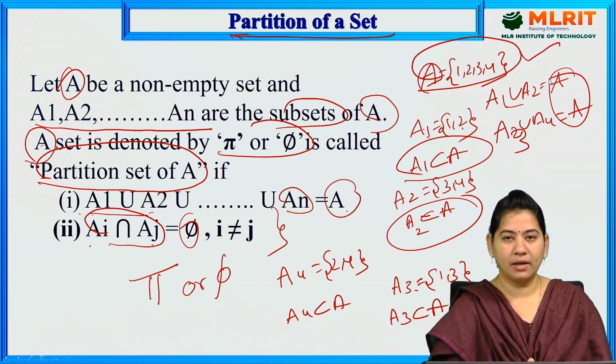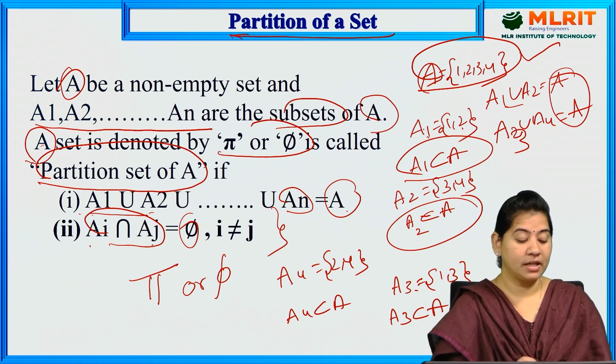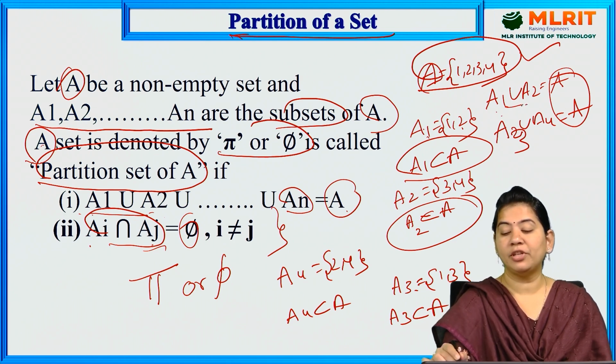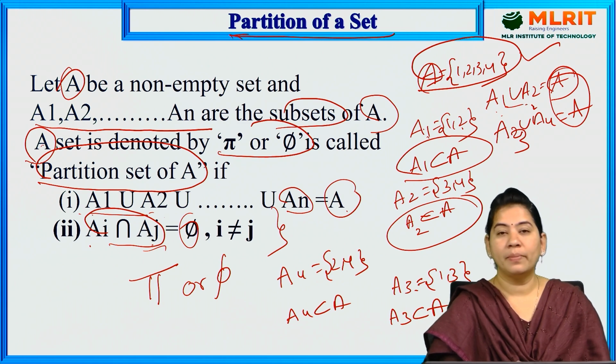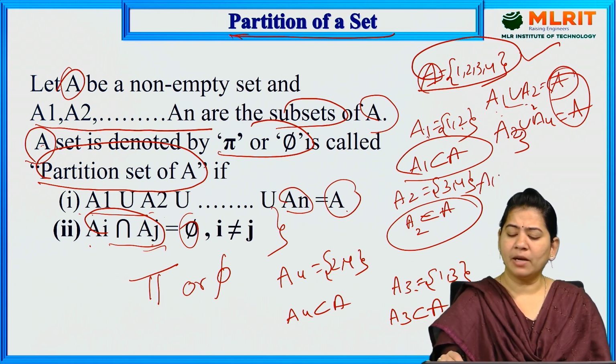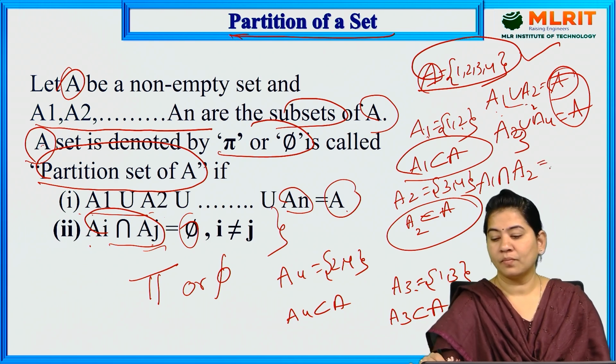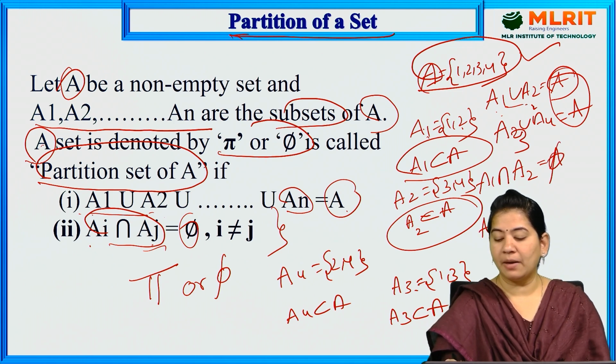That is okay, fine, but the second condition we should also satisfy. So what is the next condition? Ai intersection Aj. Whenever you apply intersection between these two subsets, you should not get a common element. If I apply A1 intersection A2, there is no common element, so I get phi. In the same way, if I apply A3 intersection A4, the same thing, I get phi.